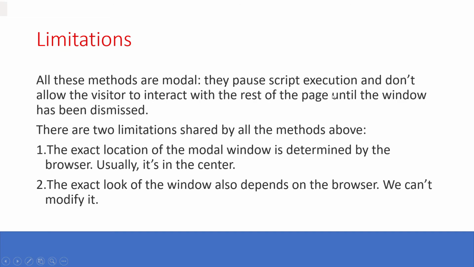They pause the script execution and don't allow the visitor to interact with the rest of the page until the window has been dismissed. That means until the user clicks OK or cancel, the script execution is paused, and the user can't interact with other parts of the website.